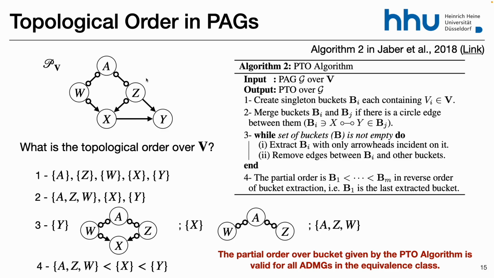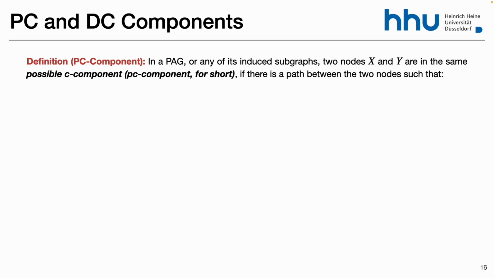So now we know the topological order in PAGs, and we need some other definitions, and this is the PC component and the C component. A PC component is just a possible C component. So now, since everything has an uncertainty because of the circles, we need to redefine basically the concepts, but they are all intuitive.